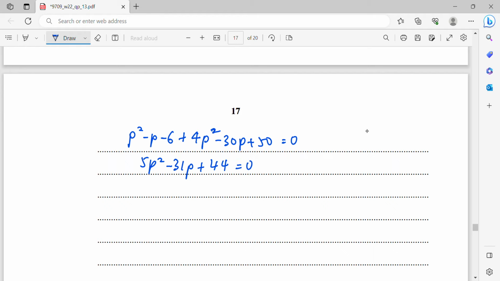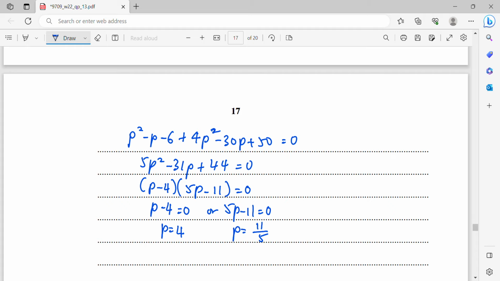And again, by factorizing this quadratic equation, you will get p minus 4 as the first factor, and the second factor is 5p minus 11. So either p minus 4 equals 0 or 5p minus 11 equals 0, which means p equals 4 or p equals 11 over 5. Now let's look at the question.